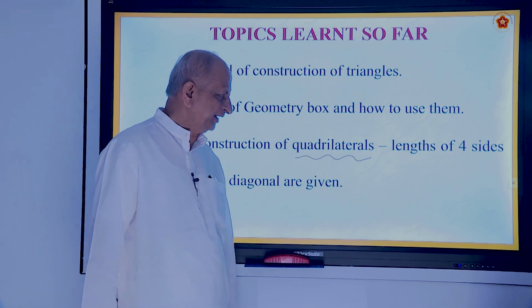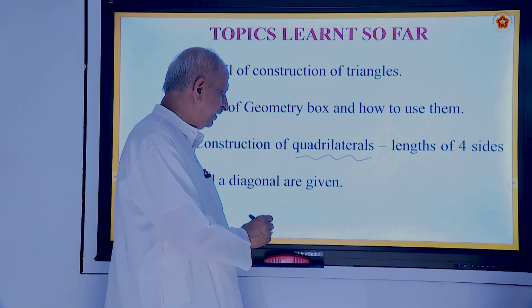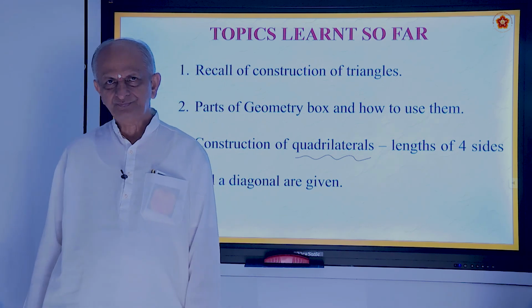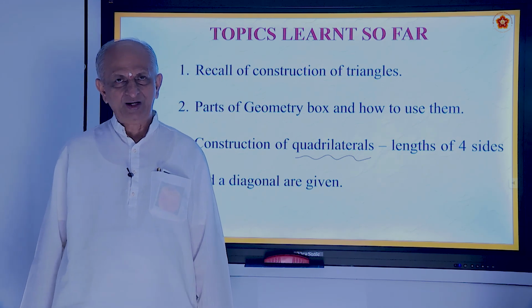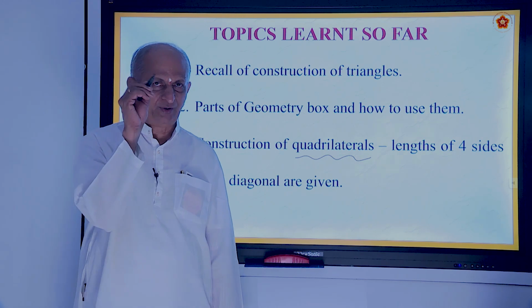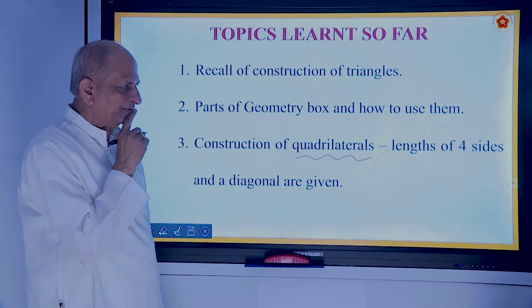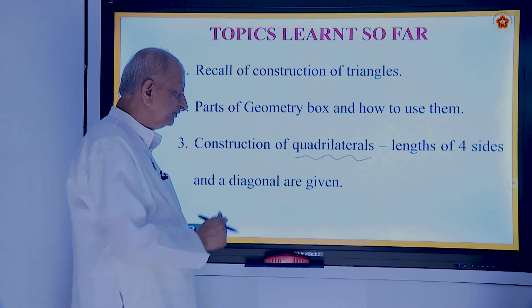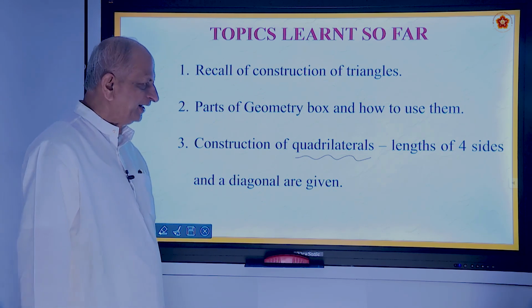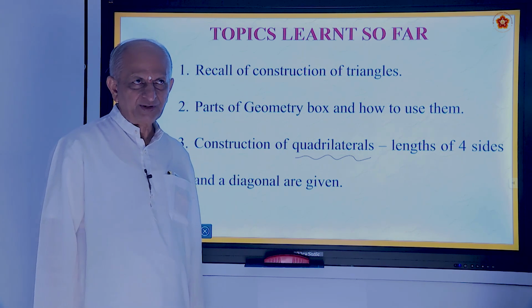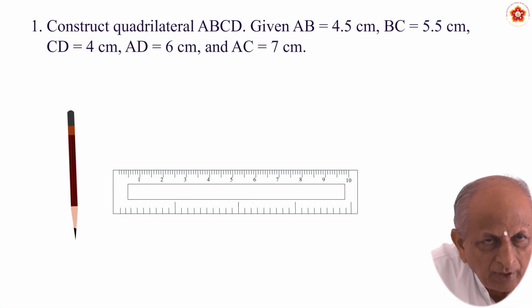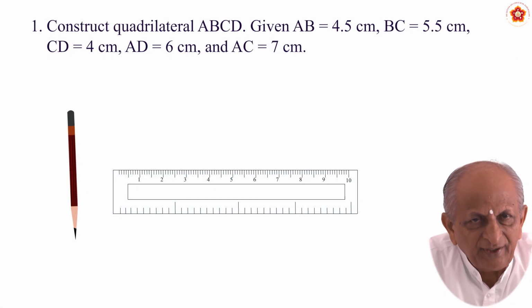And also we have studied how to construct a quadrilateral having four sides and diagonal. So to construct a quadrilateral, you should have 5 elements or 5 parts. One of them we already taken, that is 4 sides and diagonals are given, and how to draw a quadrilateral we already studied, correct?